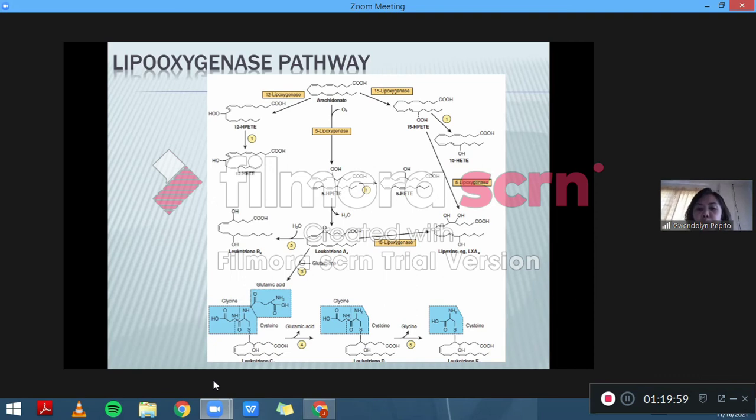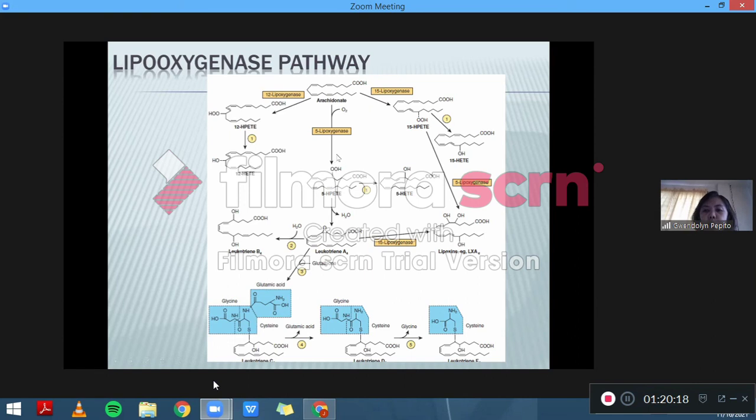But as Queenie mentioned, as shown here, you have the formation of your leukotrienes from your 5-lipoxygenase, whereas your lipoxins can be from your leukotriene to your lipoxygenase.